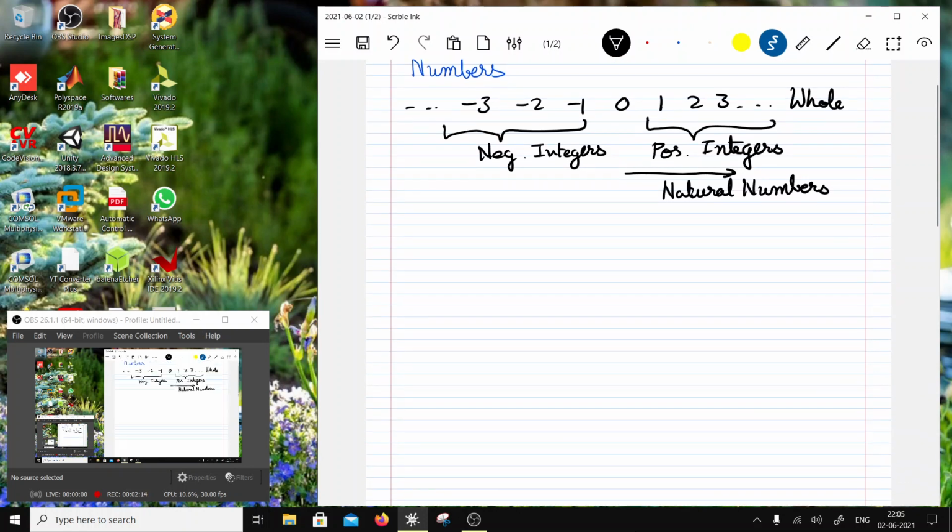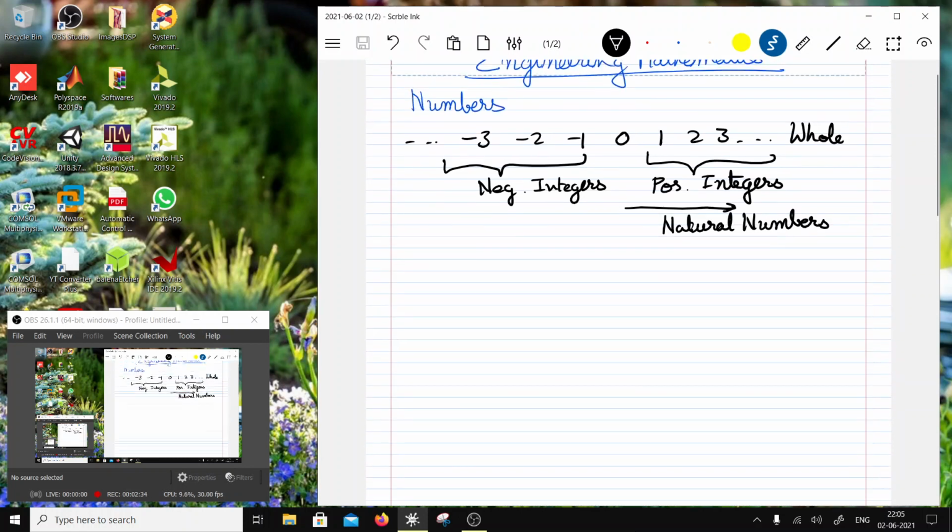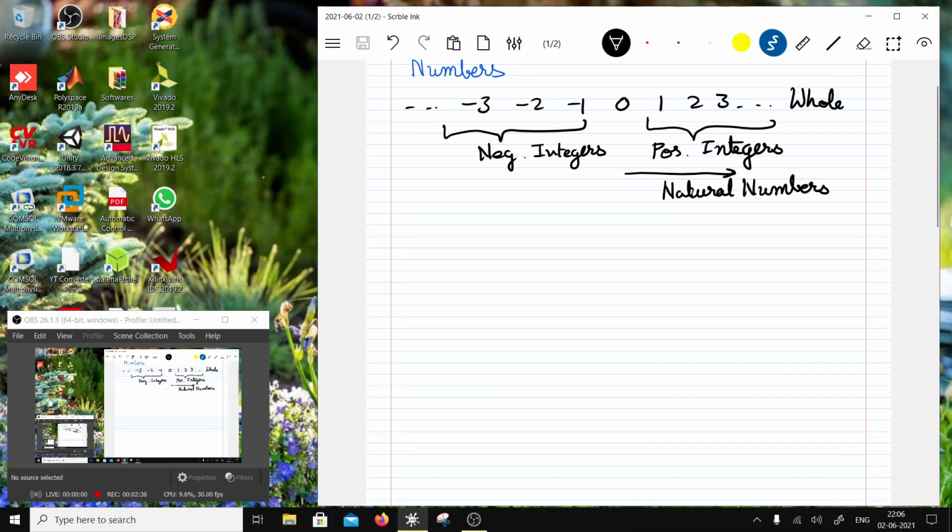Numbers can also be expressed as fractions or decimals. If they have a fractional part or a decimal part, they would be fractional numbers or decimal numbers. And then there are basic operators on these numbers. First of all is the bracket, which basically changes the precedence of operation. Then there is order, which is basically the exponent part of it.